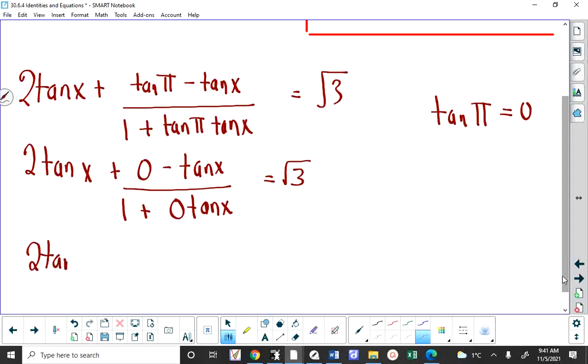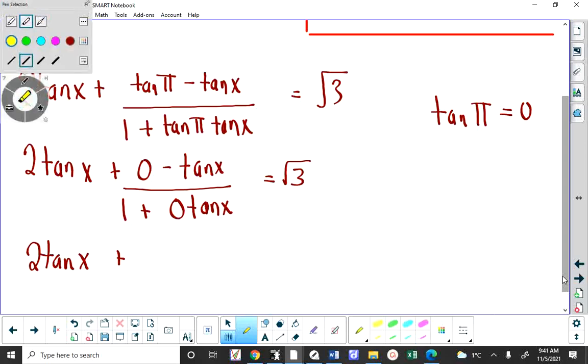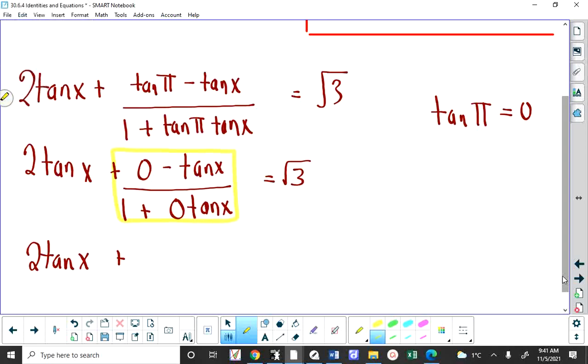We have 2 tan x plus, now, what do we have on the bottom of this? On the bottom of this expression, for anybody watching at home, the bottom of that expression has a value of 1. So we don't need to write over 1. If I say, yesterday I ate 3 donuts, I don't have to say 3 over 1 donuts. I could just say I ate 3 donuts.